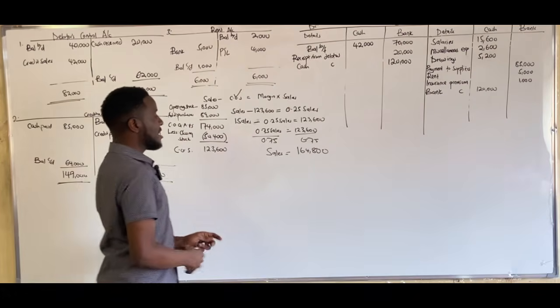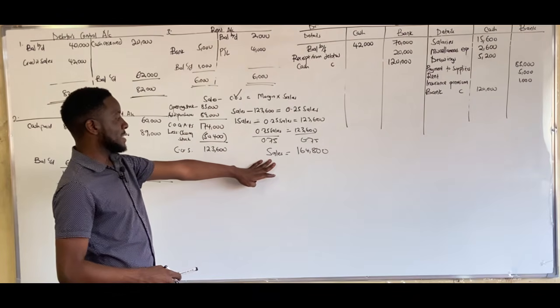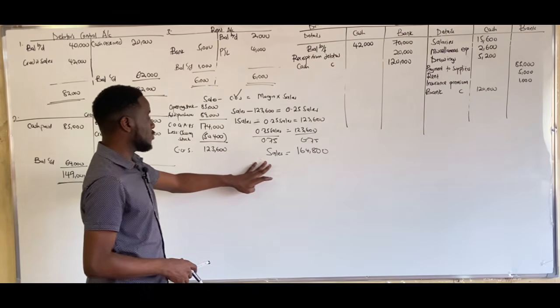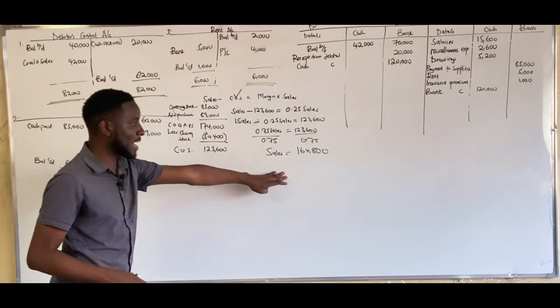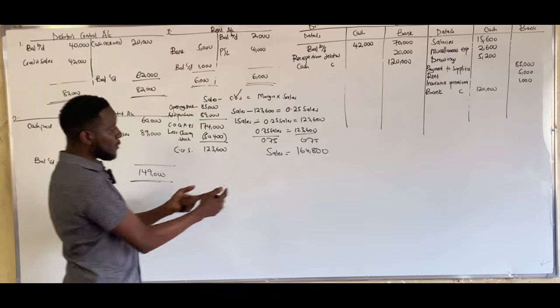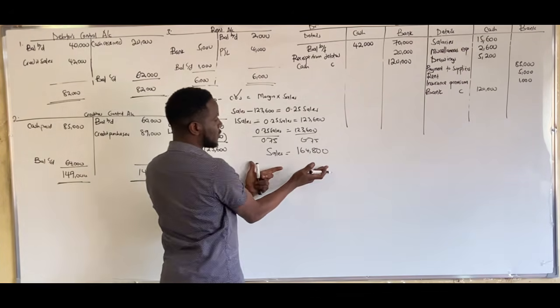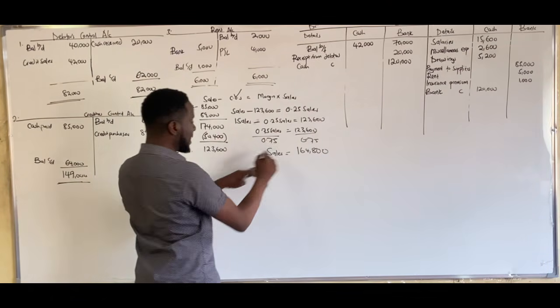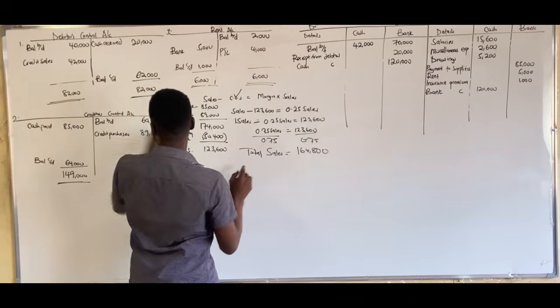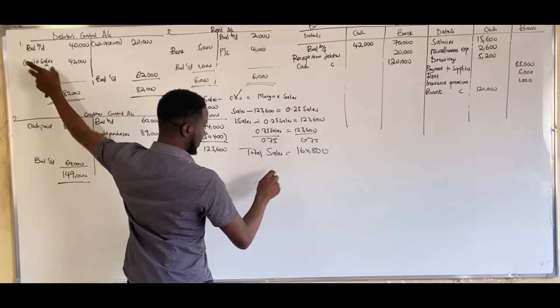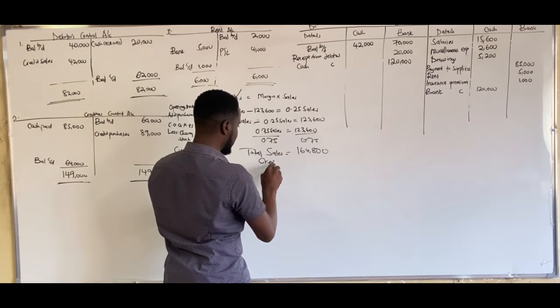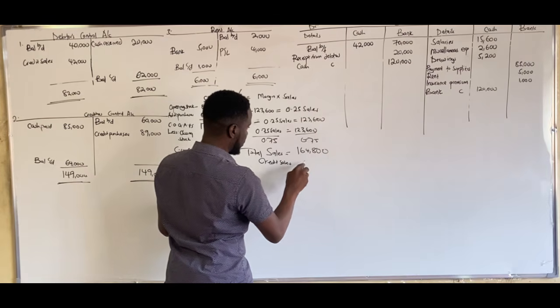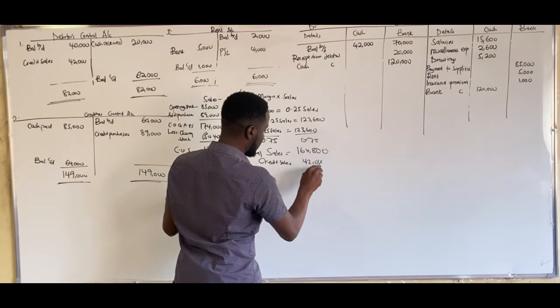But remember they told me that this business is supposed to have credit sales and cash sales. So what we are looking for here is the cash sales we are going to transfer to the cash book. That means if these are the total sales, we are going to less the credit sales, which is 42,000.